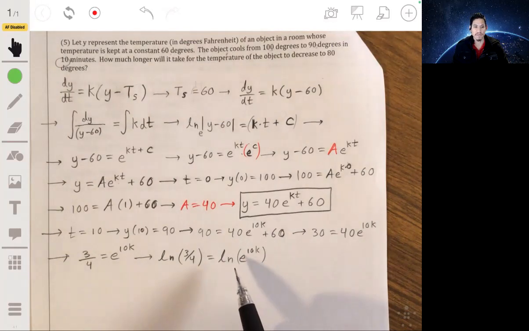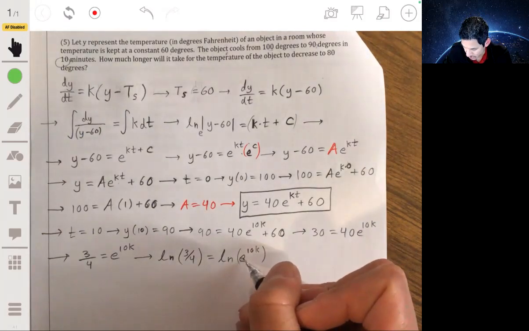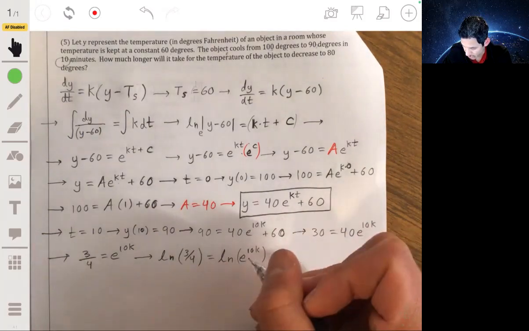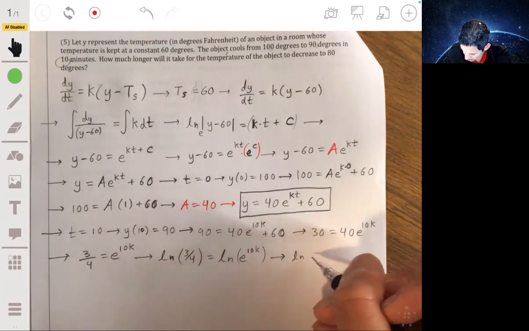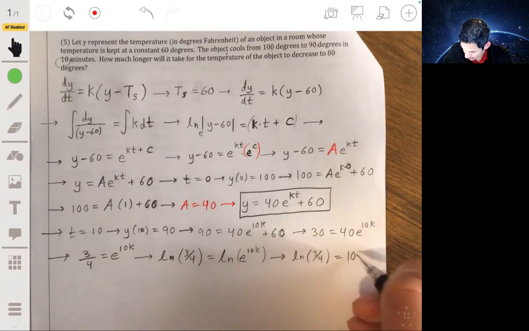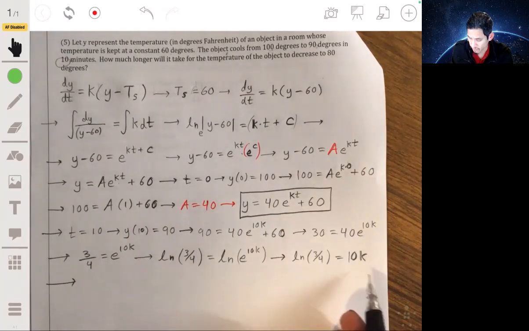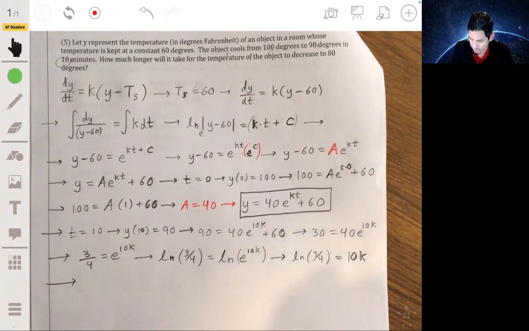And just by the property of logarithms, this has the same base as e, so the right side will just be equal to 10k. So the natural log of 3/4 is simply equal to 10k. And I can solve for k by dividing this by 10.